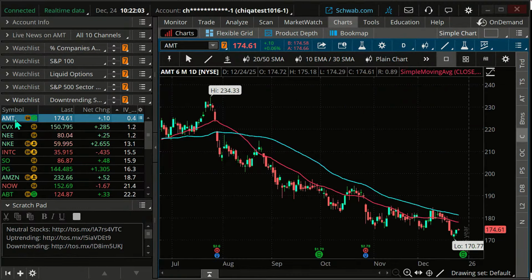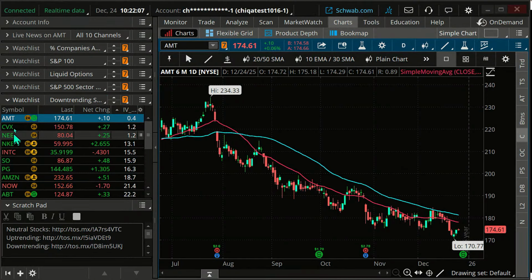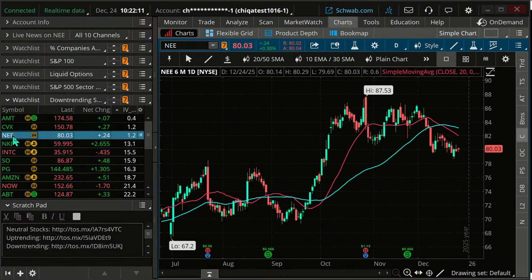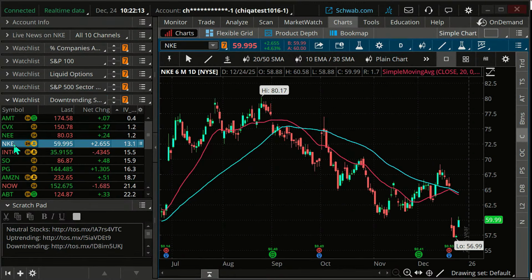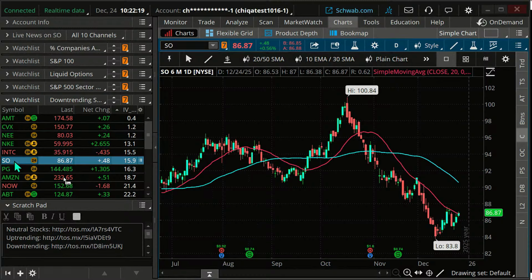There we go, downtrending. CVX, downtrending. NEE, downtrending. Nike, downtrending. Intel, debatable maybe. The scan's not perfect, but in general, I think it gives you some pretty decent downtrending stocks there.